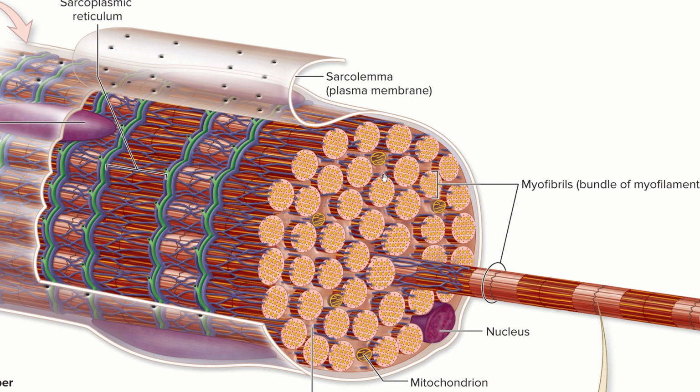Notice that the muscle fiber, or the muscle cell, is filled with myofibrils, and these are going to be those rods of protein, and the rods of protein are made up of myofilaments. So it goes muscle fiber, which is the entire cell, and then myofibril and myofilament.